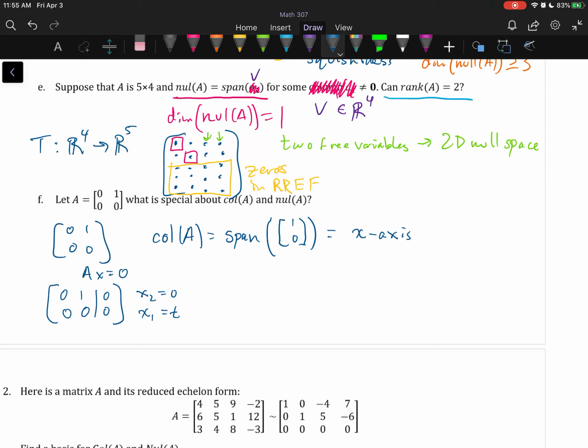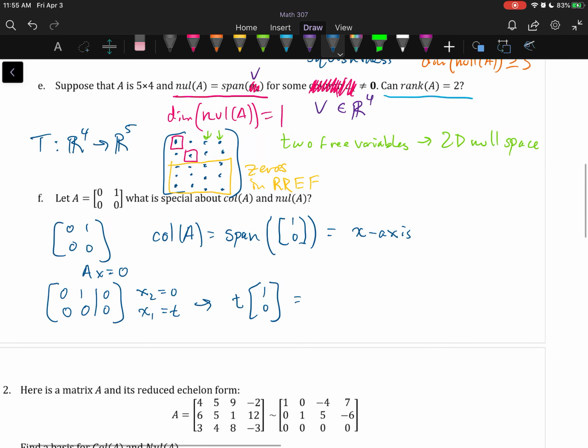That's written in the opposite order of what we would normally do. But that results in a parametric vector form that looks like t times the vector 1, 0, which again is basically the x-axis, right? And so the thing that's special about the column space and the null space here is that they're the same.